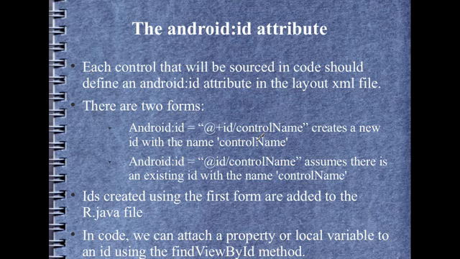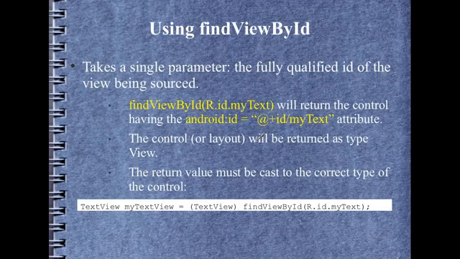So in code, we can attach a property or a local variable to an ID using a method called findViewByID, and we resolve these IDs using r.id and then the name that we give them. So findViewByID takes a single parameter, which is the fully qualified ID of the view being sourced, which is what I just talked about.